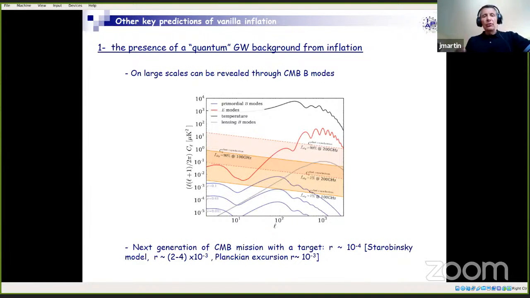There are different missions ongoing, ground-based missions or satellites such as LiteBIRD that will be launched in the following years. Very roughly speaking, the target is to reach r of 10 to the -4. Maybe this is a bit optimistic, maybe slightly less than this.